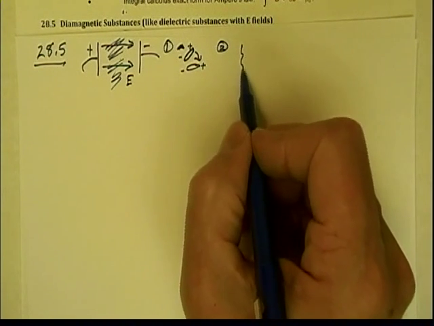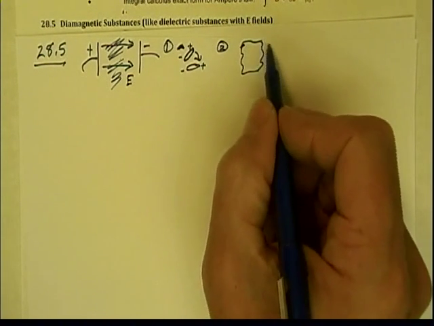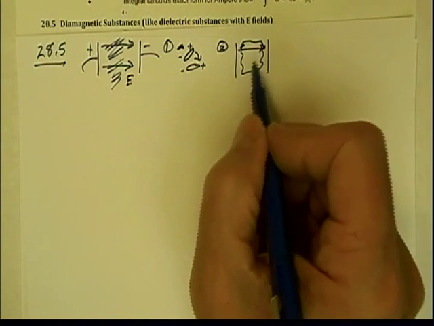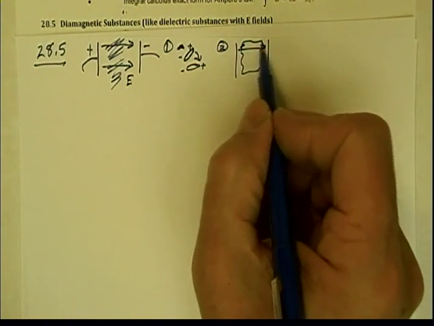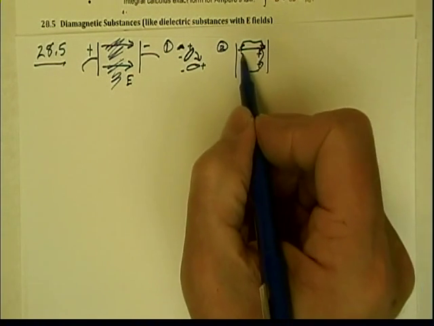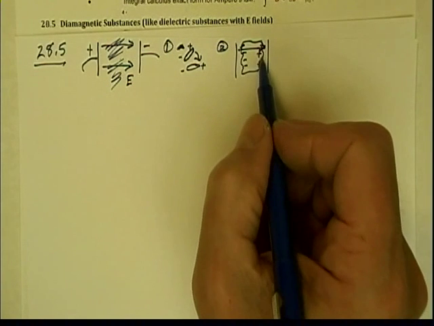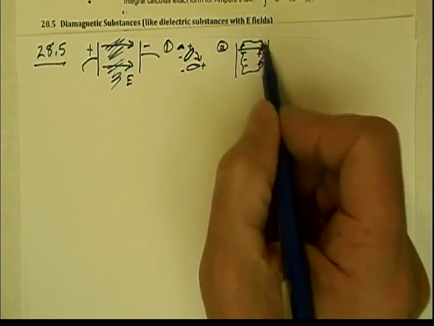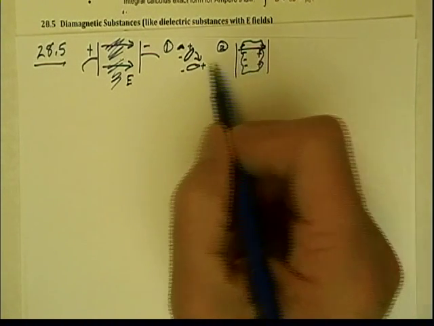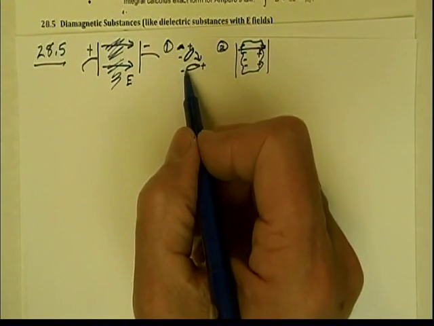Here's the substance in the middle of this capacitor, and it feels this electric field going through here, so this electric field will push the positive charges to this end and the negative charges to this end, and therefore it will result in a reduction of the field even though there are no dipoles there, because of the motion of the charge.